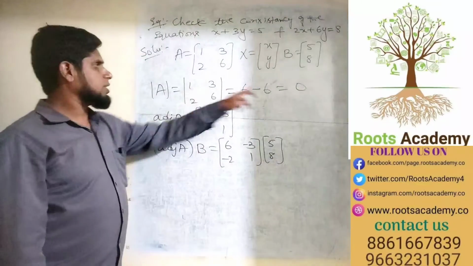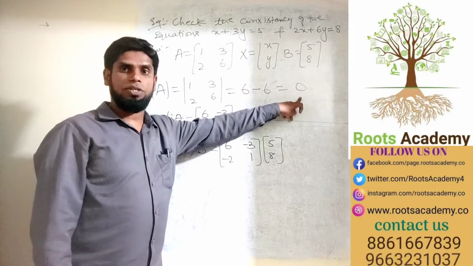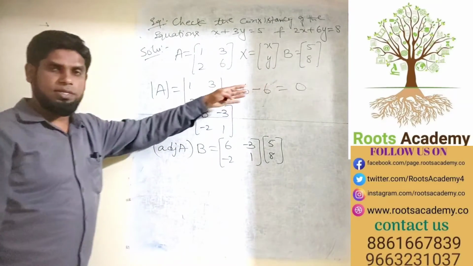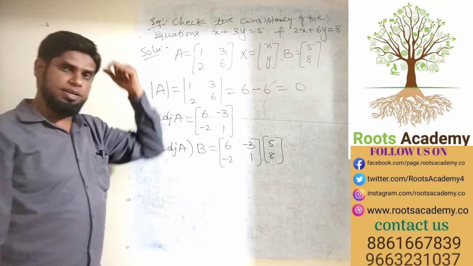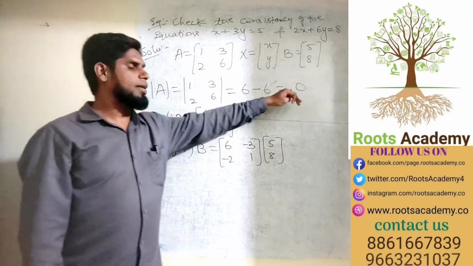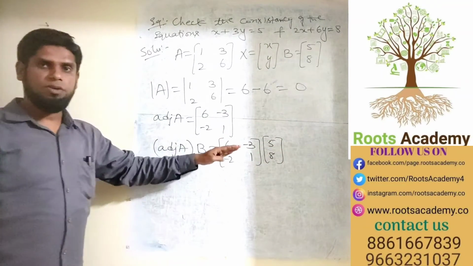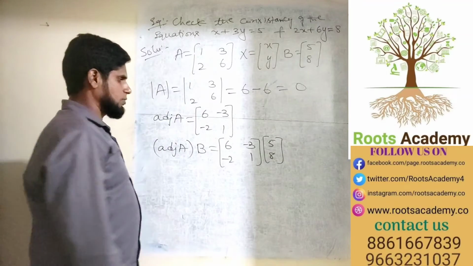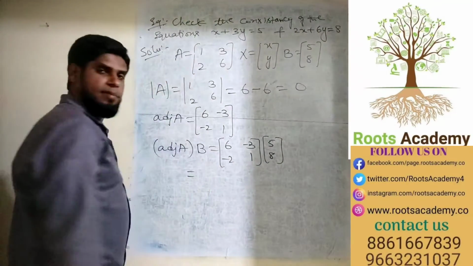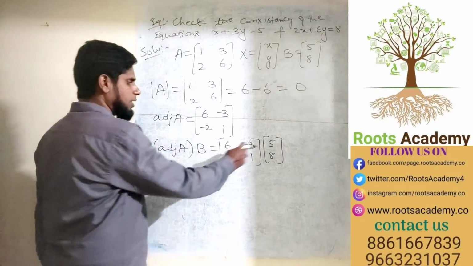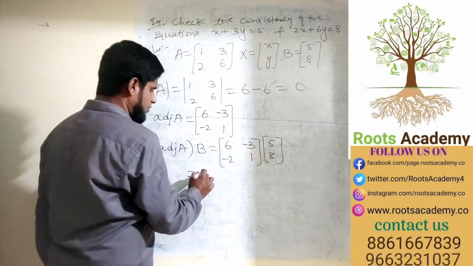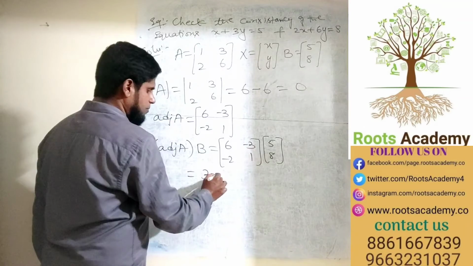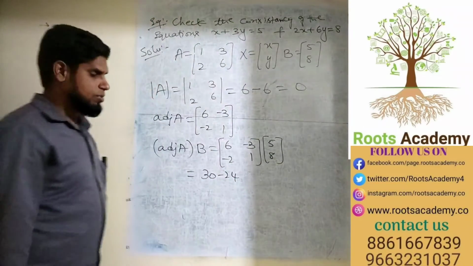Yes student, determinant is 0, so I cannot directly substitute in the formula, because if I directly substitute in the formula I may get it is not defined. So first calculating both separately, then we will see what kind of conclusions we can give. So here again first row first column multiplication, 6 into 5 it's 30, minus 3 into 8 minus 24.